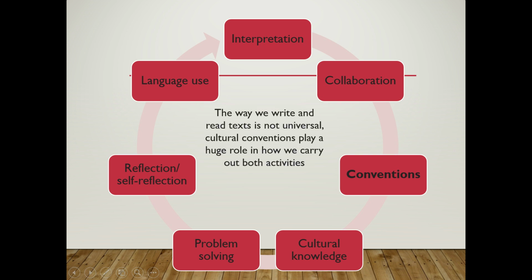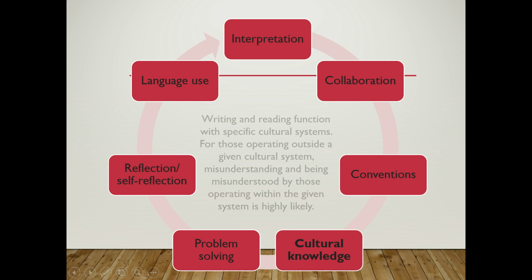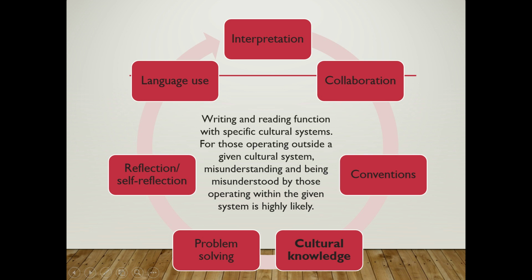On the convention part, the way we write and read text is not universal. Cultural conventions play a huge role in how we carry out both activities. For cultural knowledge, writing and reading function within a specific cultural system. For those operating outside of a given cultural system, misunderstanding and being misunderstood by those operating within the given system is highly likely.